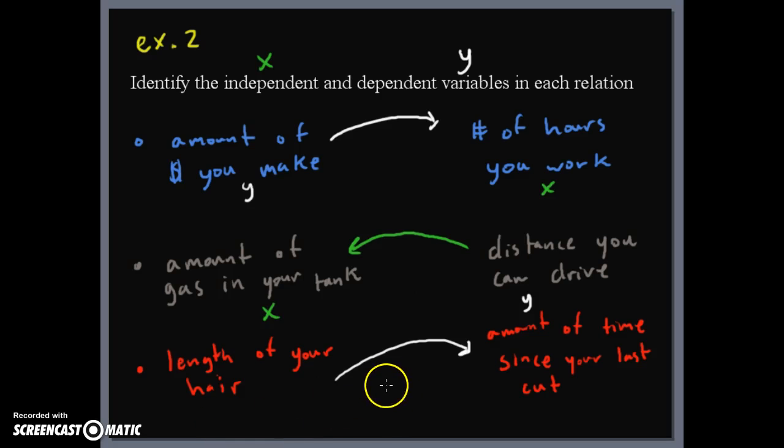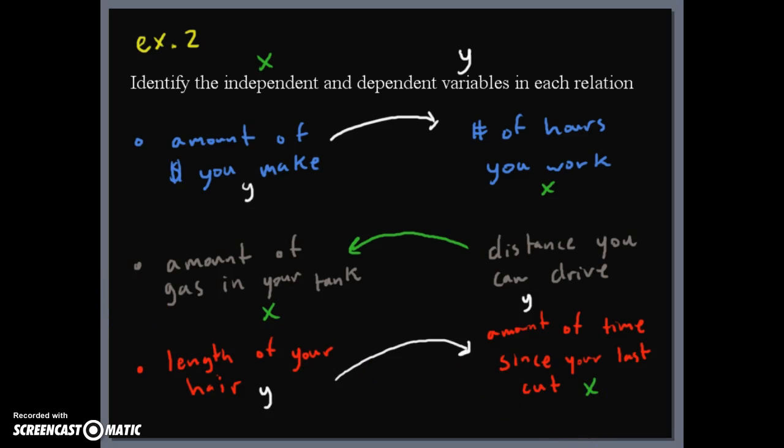If I get my hair cut on a Monday and then a year later, my hair is going to be very long. So the amount of time is not dependent on my hair length. My hair length is dependent upon how much time since my last haircut. So this is our Y, and this is our X.